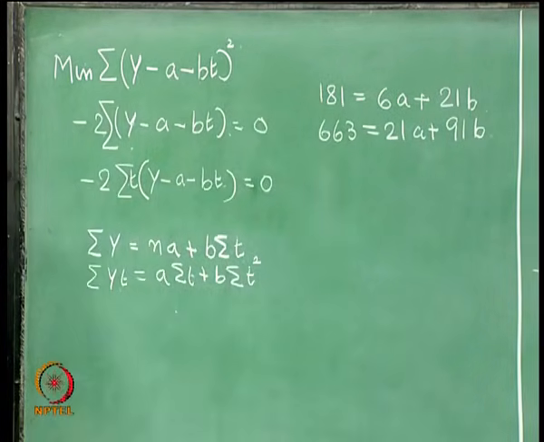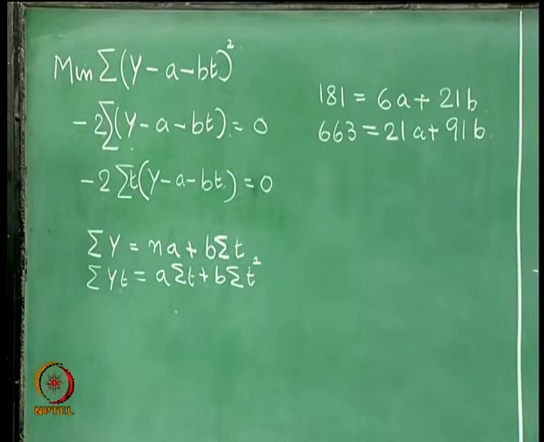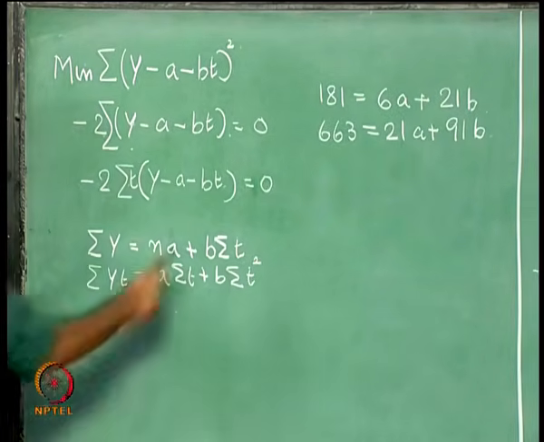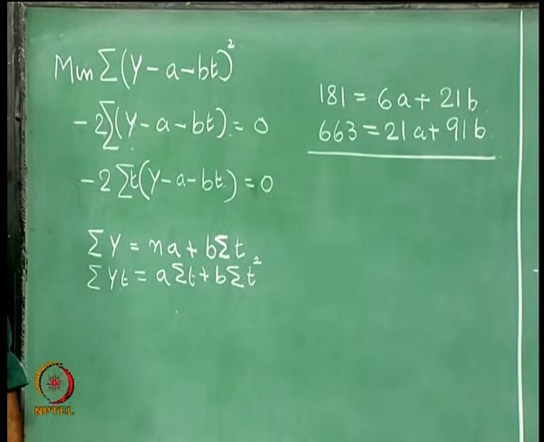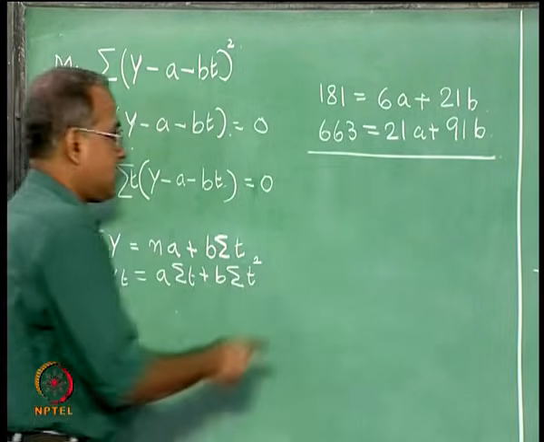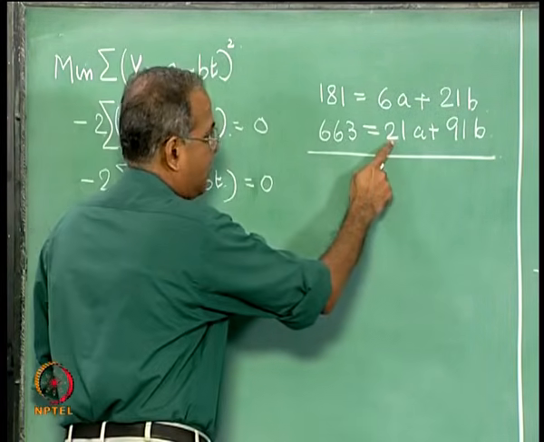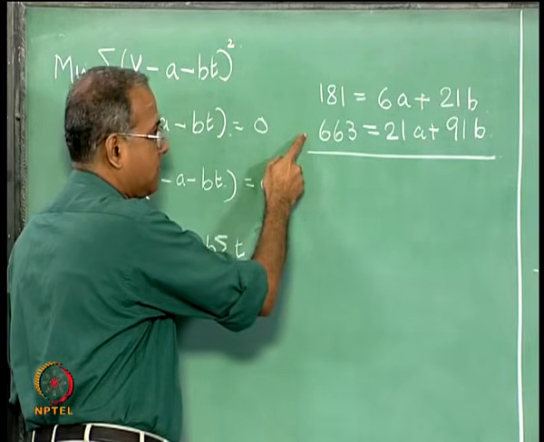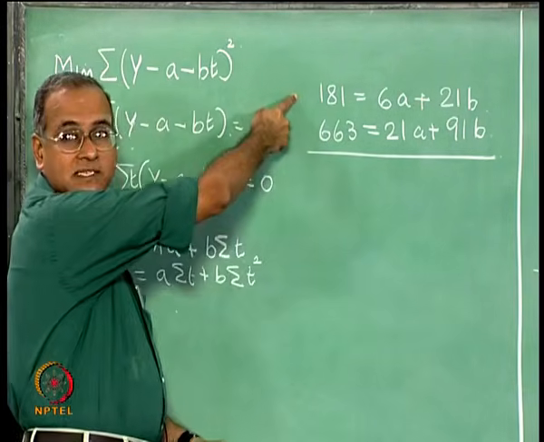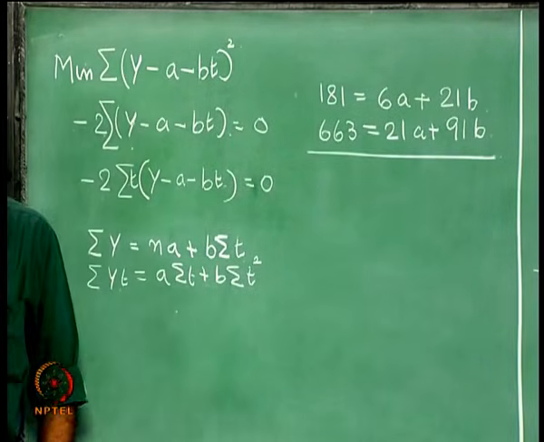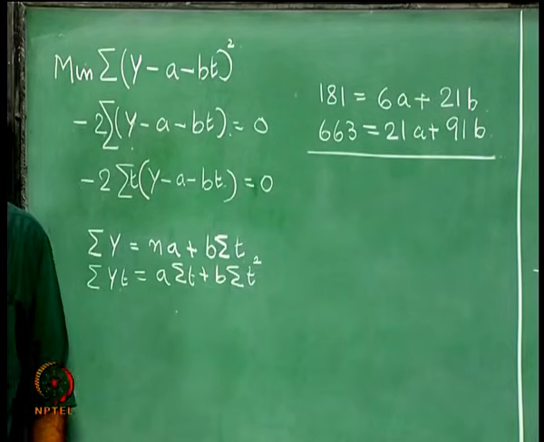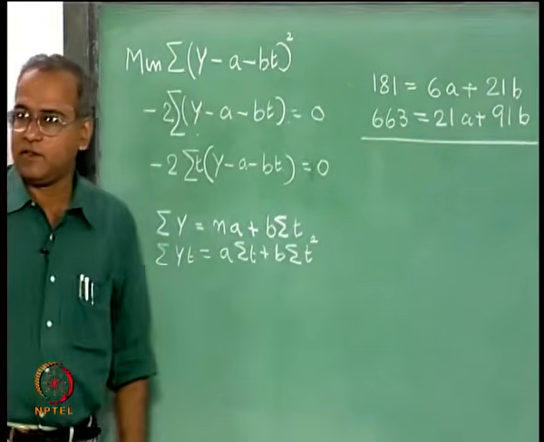So we have two equations with two unknowns, and we need to solve these two for a and b. The easiest thing to do is to multiply this by 2 and multiply this by 7, so that we can cancel the a and then get the value for b, and then we substitute to get the value for a.